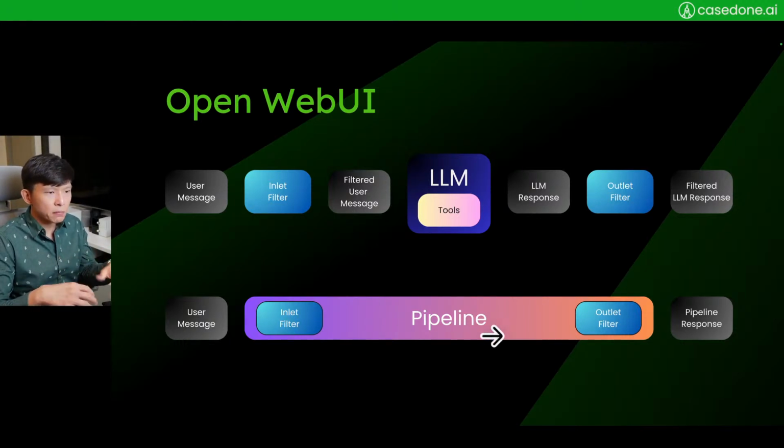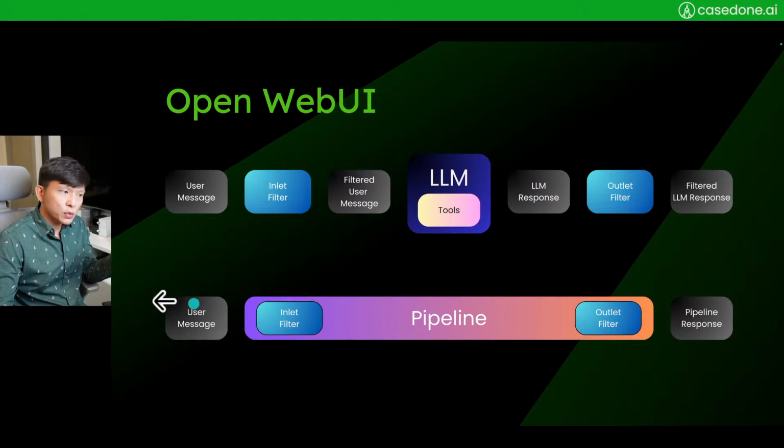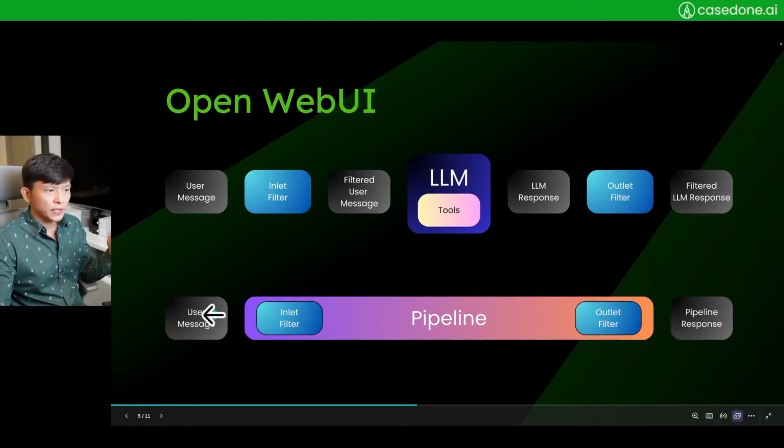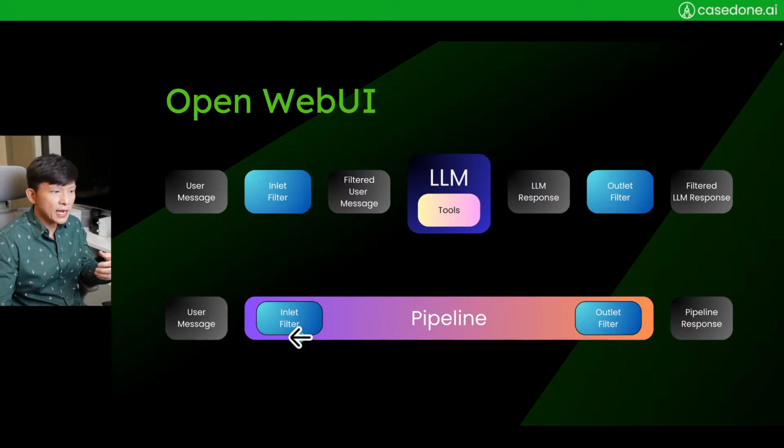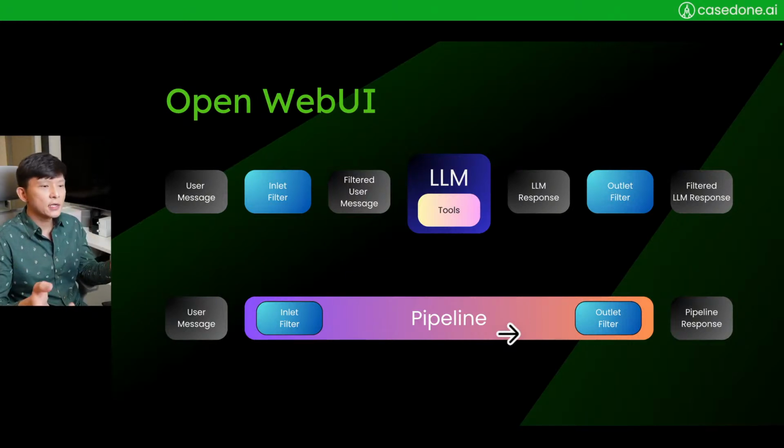The last thing is a pipeline. A pipeline is probably the most powerful extension of Open WebUI. It's connected directly to the user message. Inside it, it has filters. It can have inlet filters and outlet filters as well. And in between these filters, you can write or customize all your code.